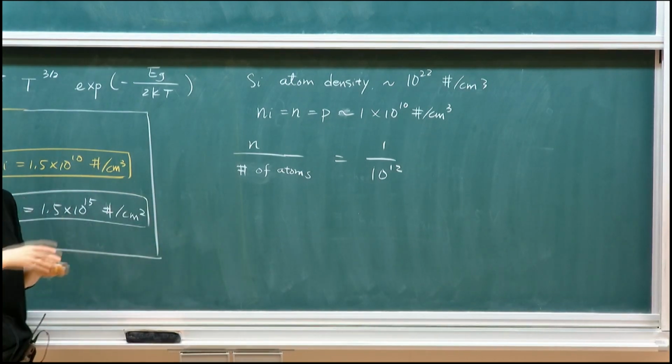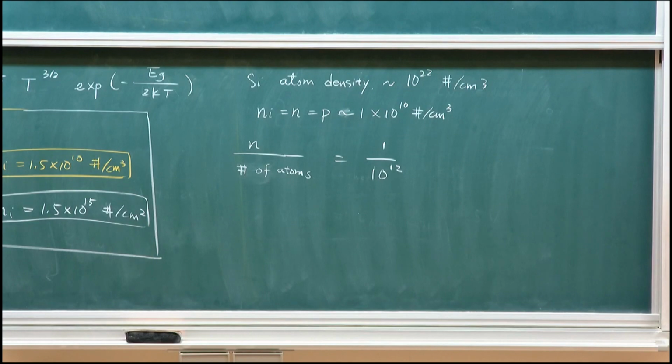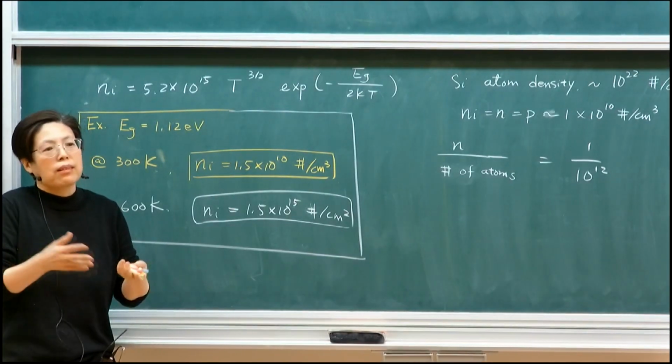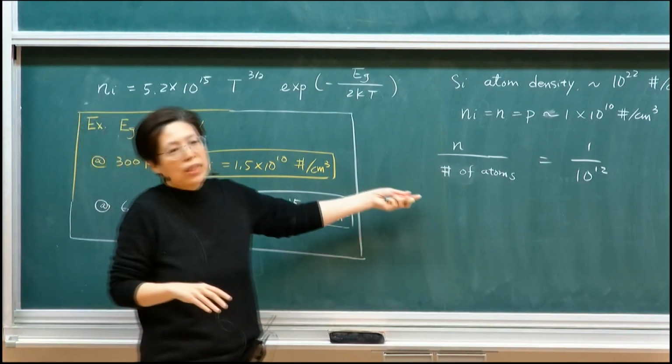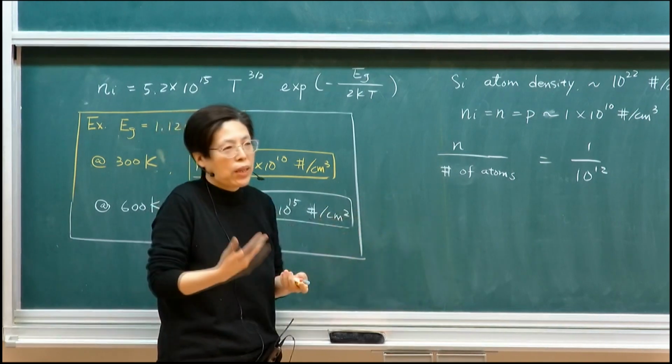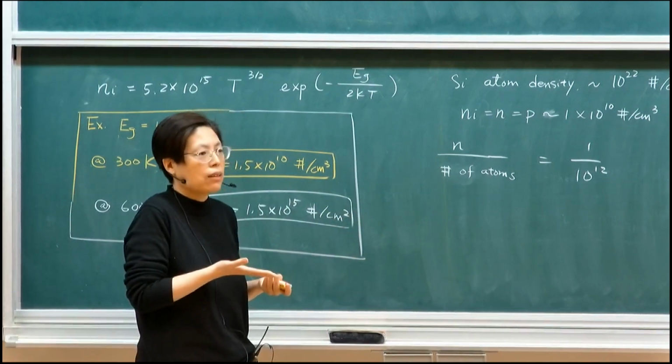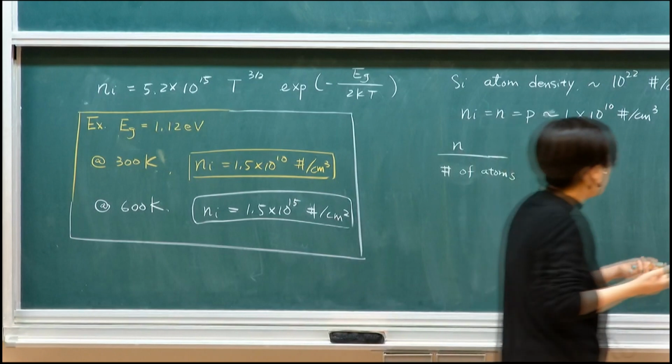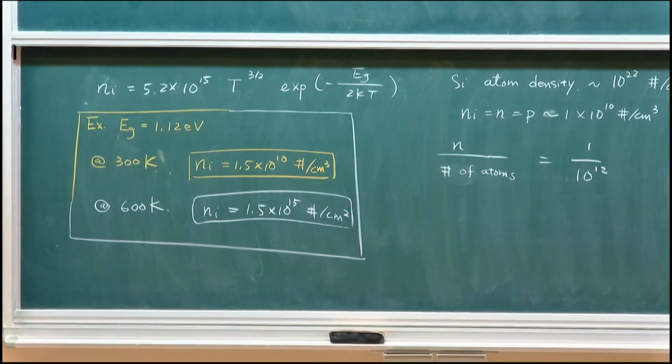This is mostly in textbooks and exercises, but you don't actually see intrinsic silicon. You cannot actually get intrinsic silicon. That's what I'm trying to say. But just to give you a sense that the carrier density is very, very low, meaning that it has high resistivity.